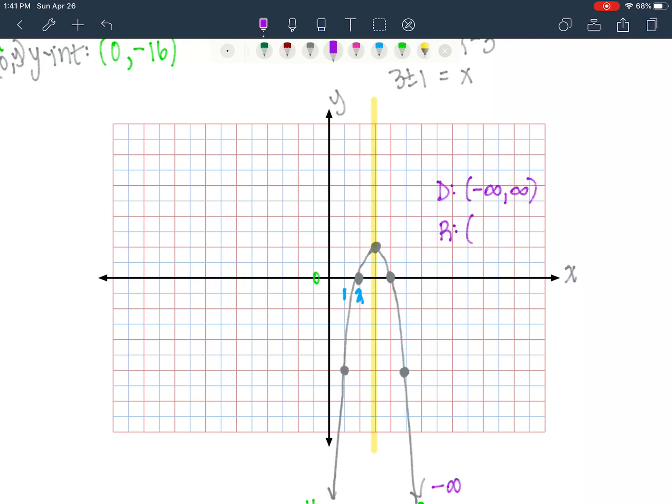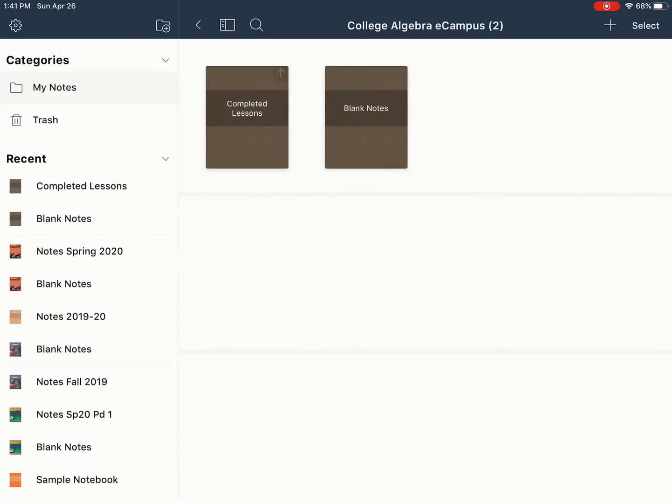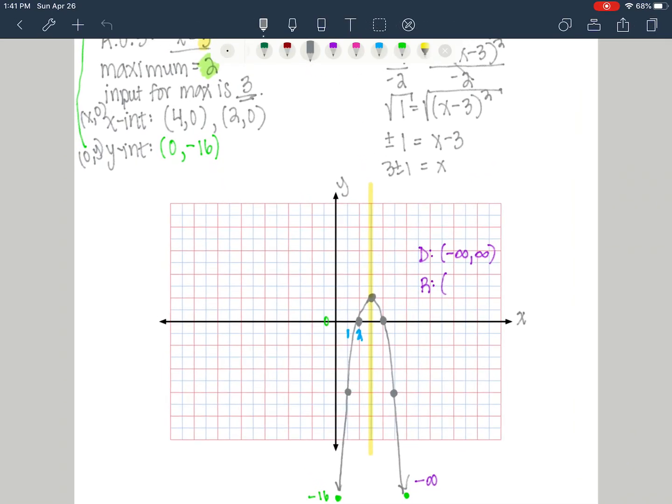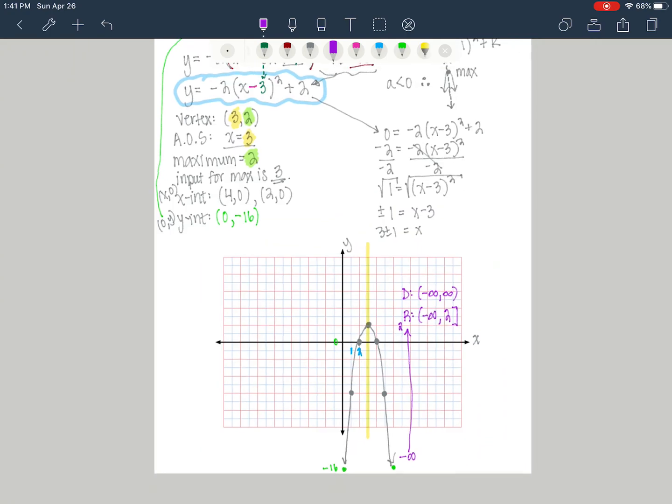Negative infinity all the way up to this 2 value. So negative infinity all the way up to 2 with a bracket.